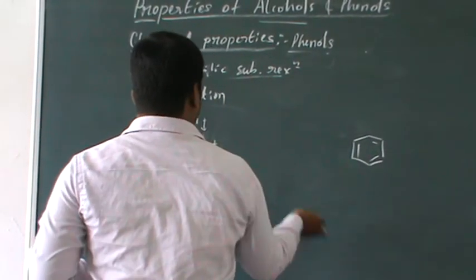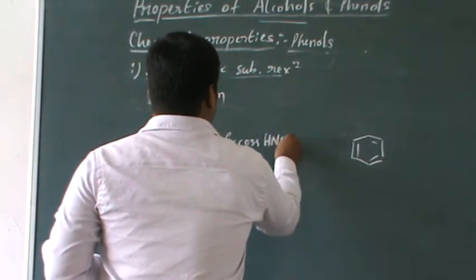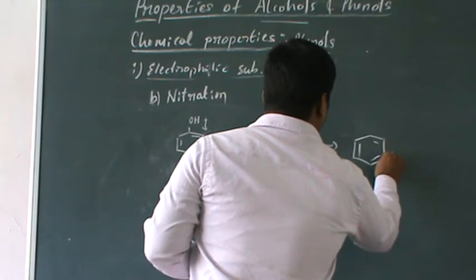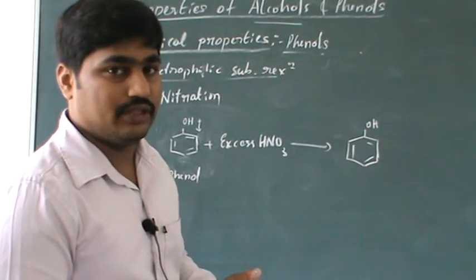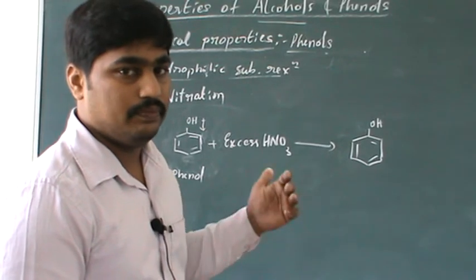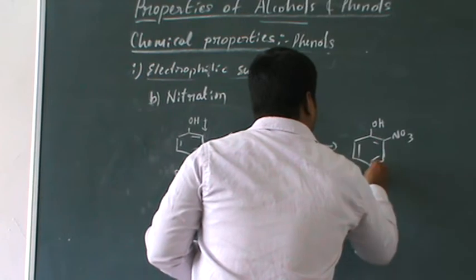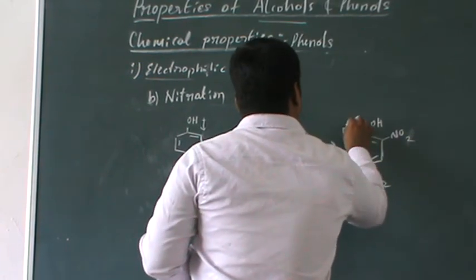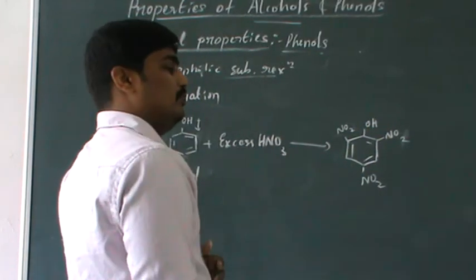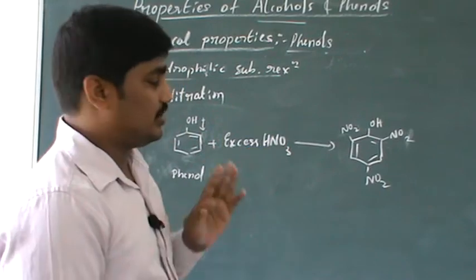When excess HNO3 is used, then all the possible positions, ortho and para, get substituted with NO2. As similar as bromination, this is the nitration.